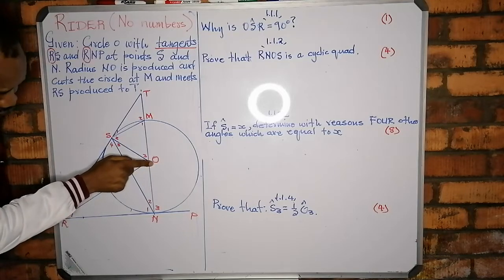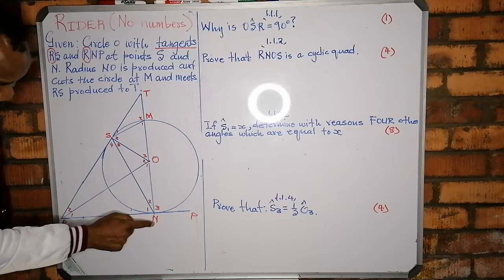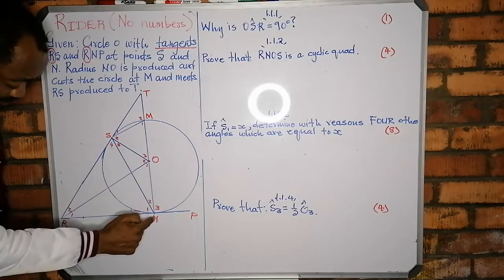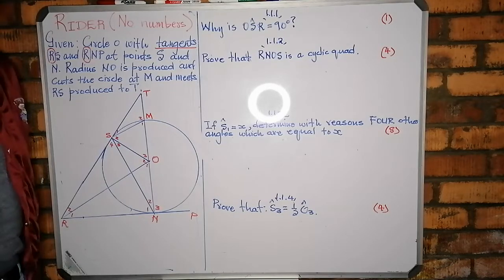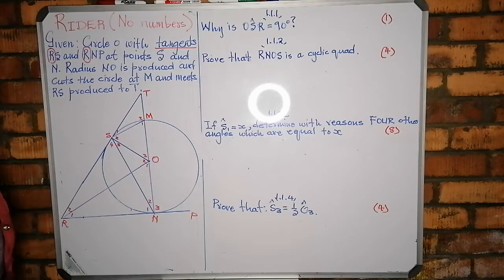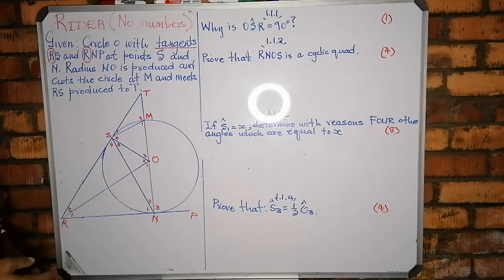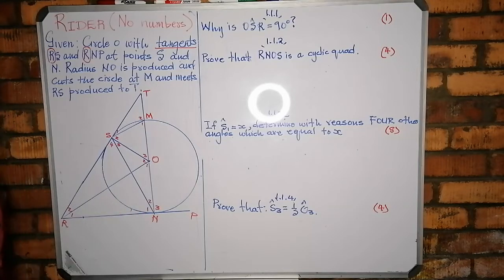Again, there's a line from center to circumference, which is a radius. Can you see that this tangent and this radius are making contact there? Remember the theorem: a tangent and a radius are perpendicular at the point of contact.